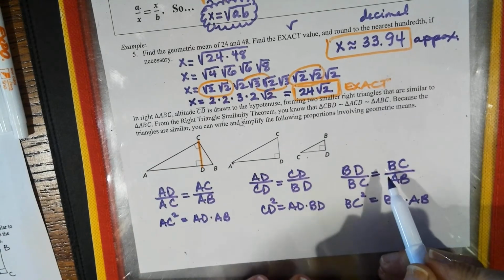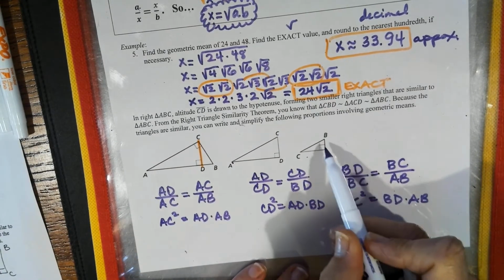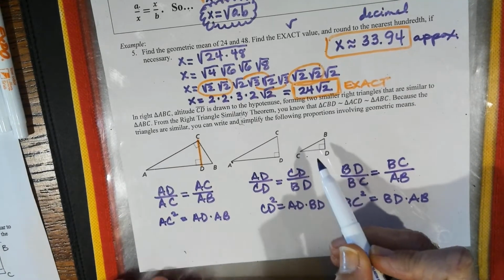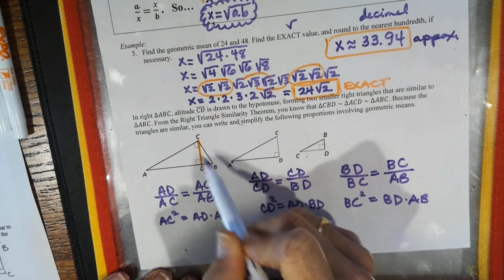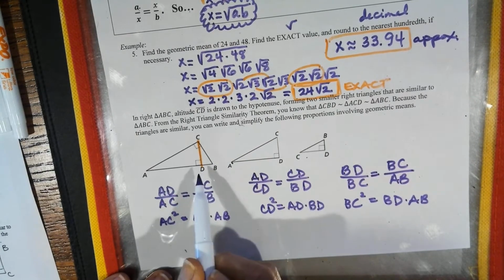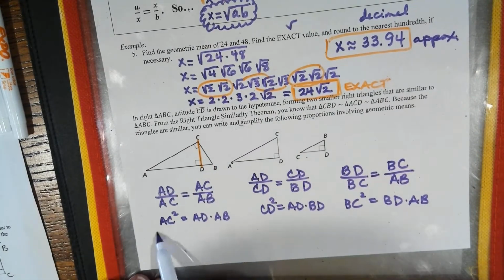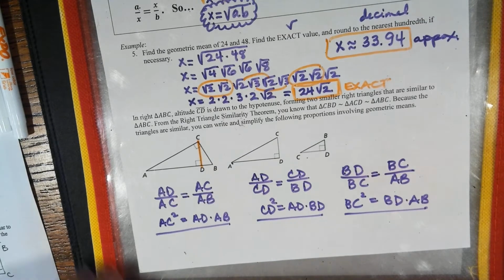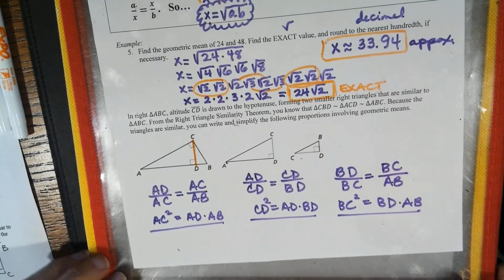And you can write the short leg over hypotenuse, BD over BC, equals BC, short leg, over hypotenuse AB. So they're all sort of interchangeable. Hopefully you see this as the geometric mean. So questions so far?